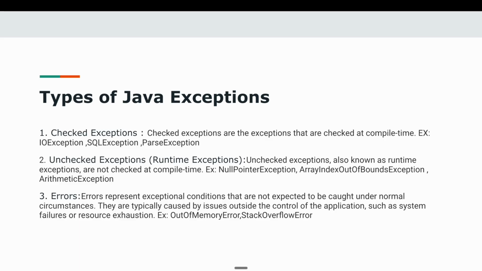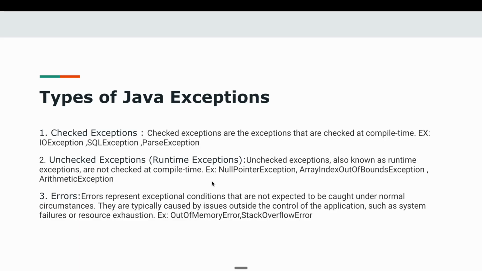Null pointer exception, array index out of bound exception, and arithmetic exception are examples of runtime or unchecked exceptions, because you will not be able to know about a null pointer exception when your program is compiling. You will only know when your program has run. So that is unchecked exception.